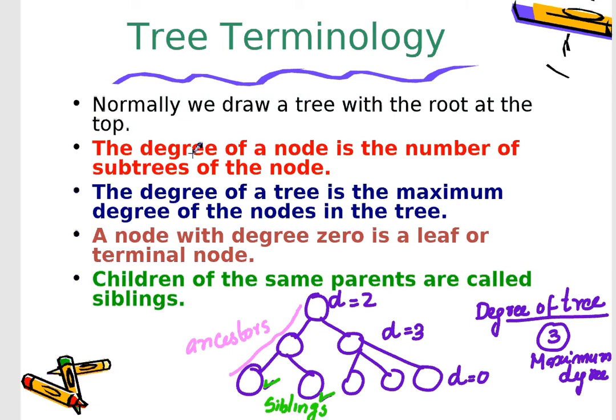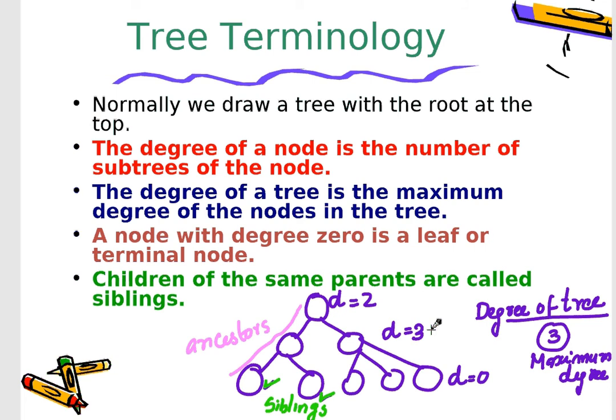The degree of a node is the number of subtrees of that node. Consider this root. This is a node and it has two subtrees. So its degree is 2. Take this node and it has 3 subtrees generating from it. So its degree is 3. And for a leaf there are no subtrees generating, so degree equals 0. So I can say that a node with degree 0 is a leaf.